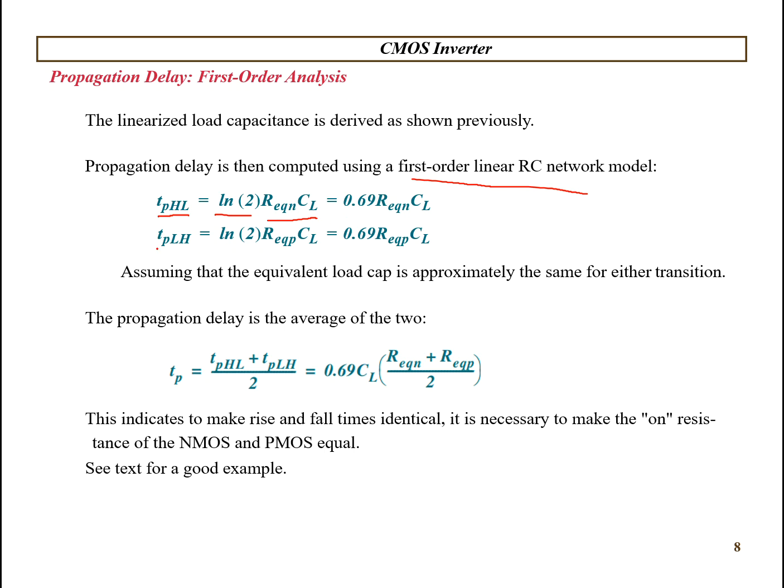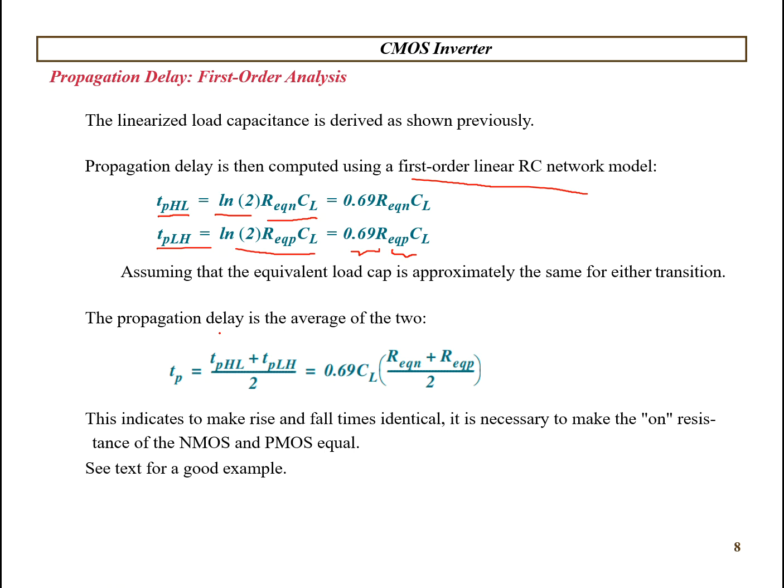Similarly, for propagation delay from low to high, it is ln 2, which is approximately 0.69, times R equivalent of the PMOSFET, R_eqp, into CL, your load capacitance. This load capacitance was approximated earlier and already discussed in the previous classes.